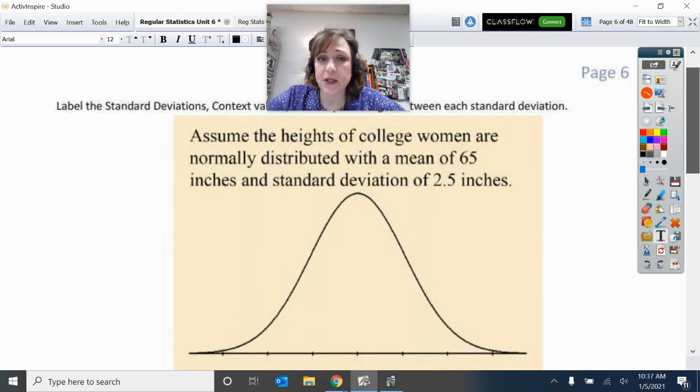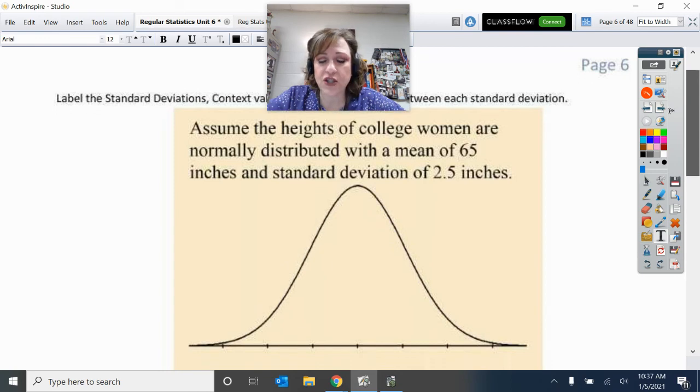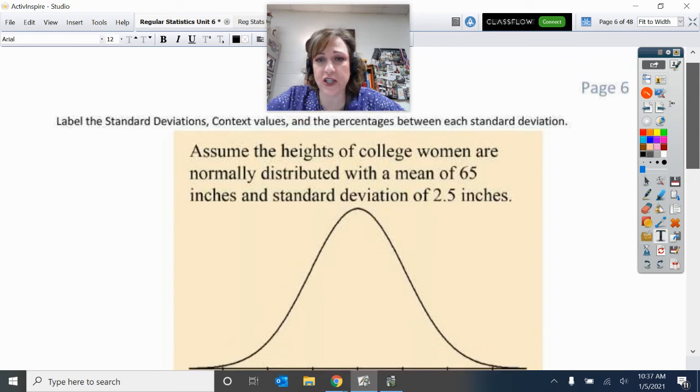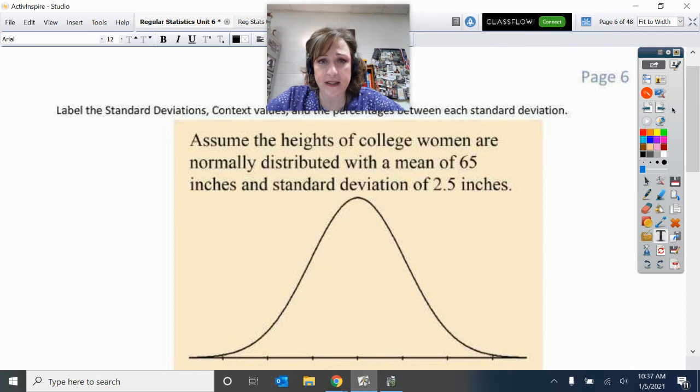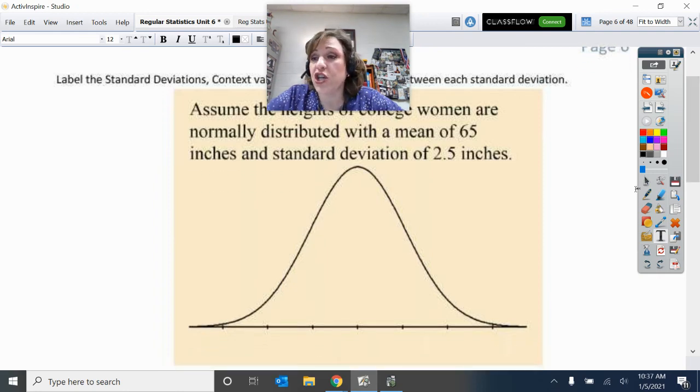So, in between me starting the next video, I want you to come on over here to this and label this. This is about the distribution of the heights of college women. It has a mean of 65 and a standard deviation of 2.5. So, let's think about that. That means right here in the center is 65. Okay?